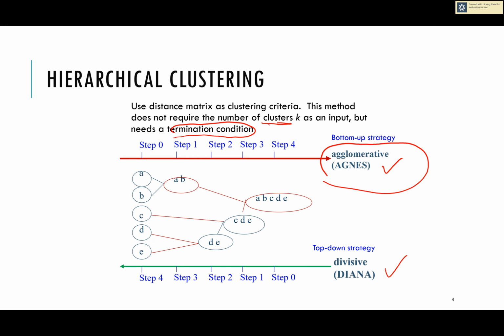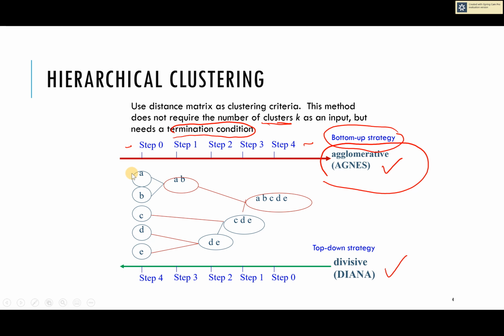In this slide, we are going to discuss AGNES here, okay, where it is a bottom-up strategy from step 0 to step 4. From a single point of object, it will be clustered into a big cluster. Okay, so this is what we call the bottom-up strategy.